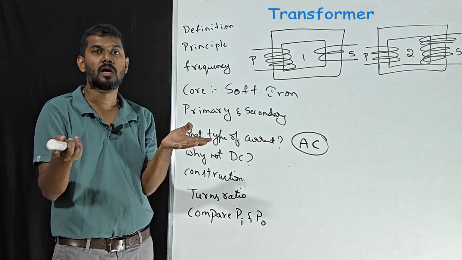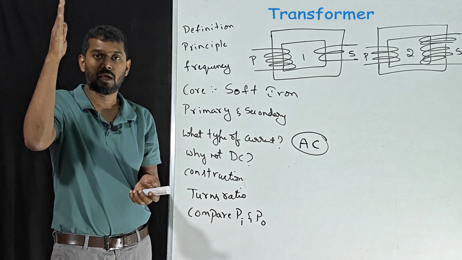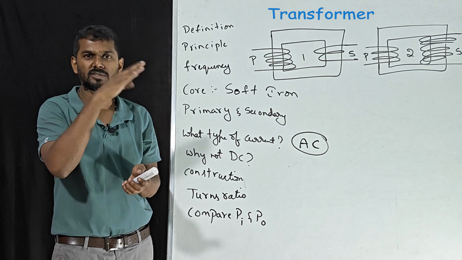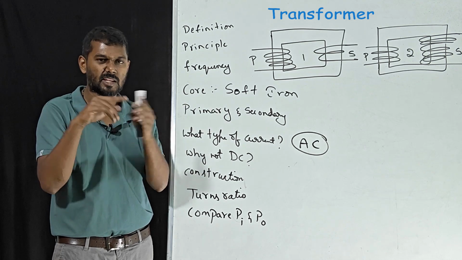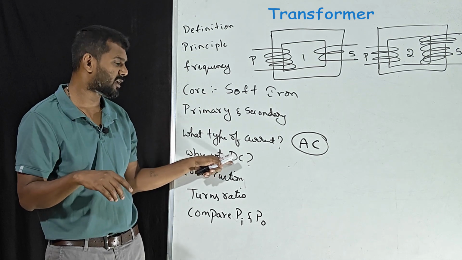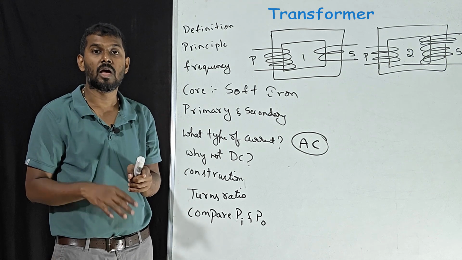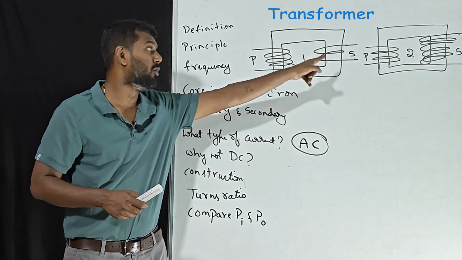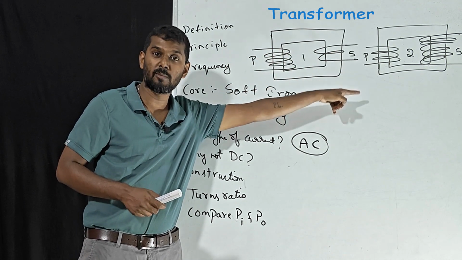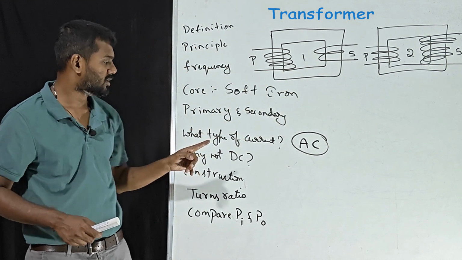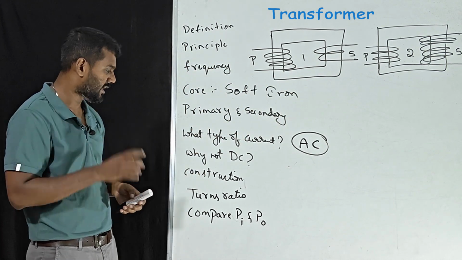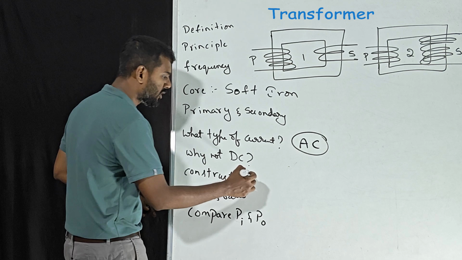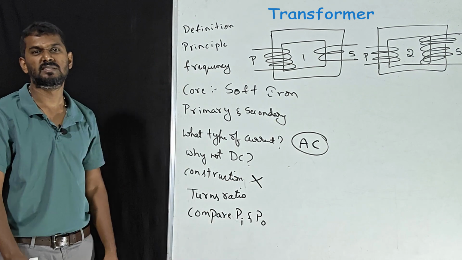What do you mean by flux? Magnetic flux. The magnetic field lines should keep on changing, increasing or decreasing. But with DC, the magnetic flux remains the same. So no voltage will be generated, or no EMF will be induced at the secondary. So that's why we cannot use DC. Next, construction. When it comes to construction, that is not there in the syllabus.